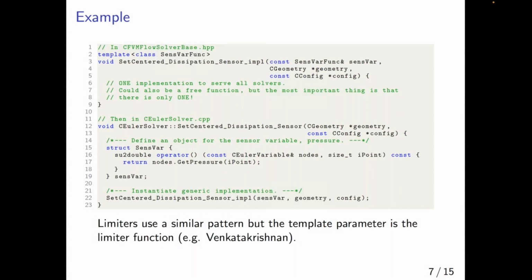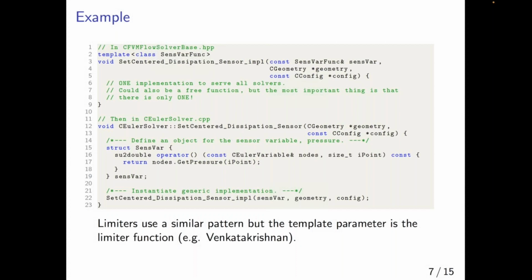So the way to compute the sensor is the same, but the sensor variable is different for different solvers in this example. And so the derived solver can now define a little object with an interface that is common across all the derived solvers, and it returns the sensor variable, which in the case of the Euler solver is pressure.